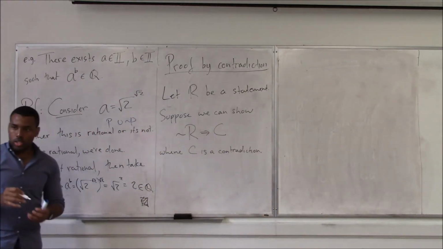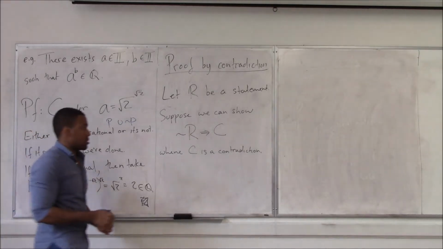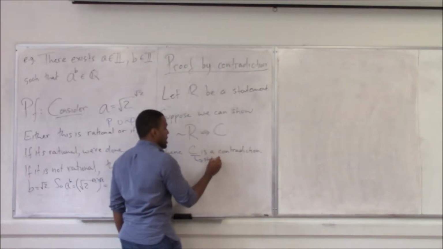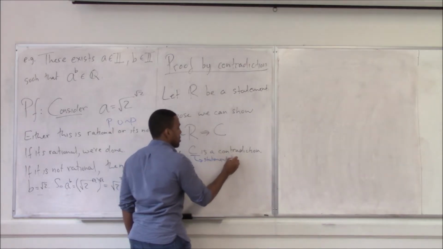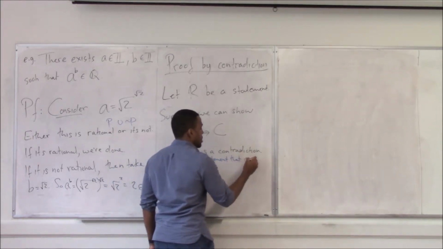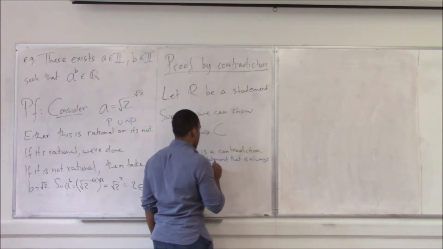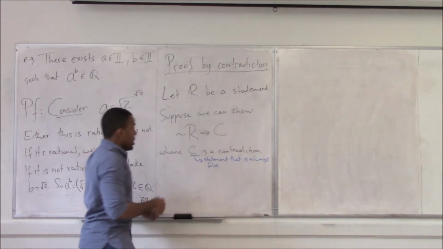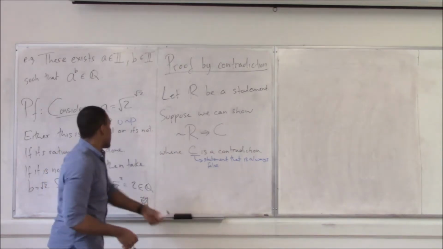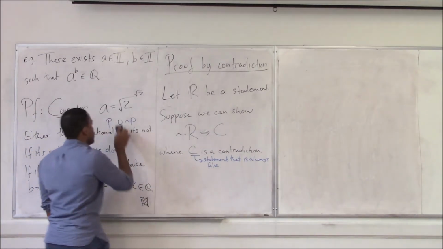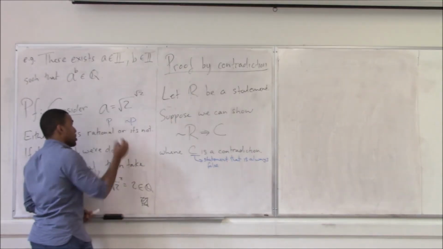Do you remember what a contradiction is? It's always false. It's a statement that's always false in every instance. It's like P and not P. If you can get to a statement something like P and not P, we know that that's always false.